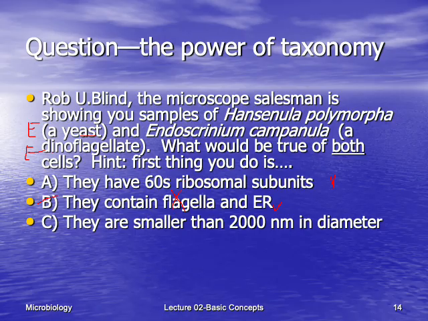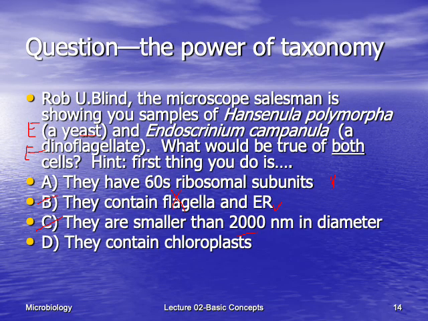These are in the neighborhood of at least 10. Always be able to do the conversions, okay? They contain chloroplasts. Dinoflagellates do, but yeast don't. Yeast don't photosynthesize. So what's the answer? The answer is A. A is your answer.